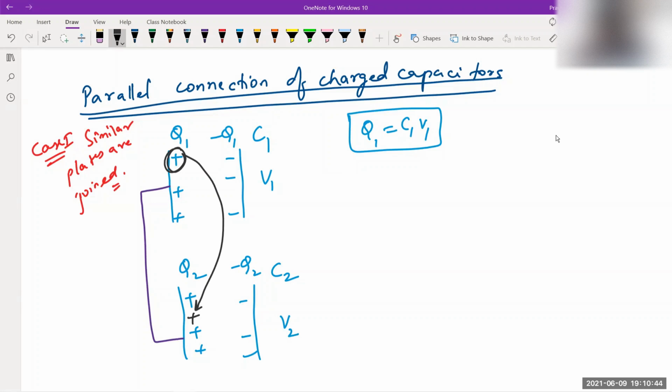If the first plate has lost some charge, its value will be lesser than Q1, and its facing plate should have equal and opposite charge. So its facing plate cannot change the charge. So in this scenario, there will be no flow of charge.